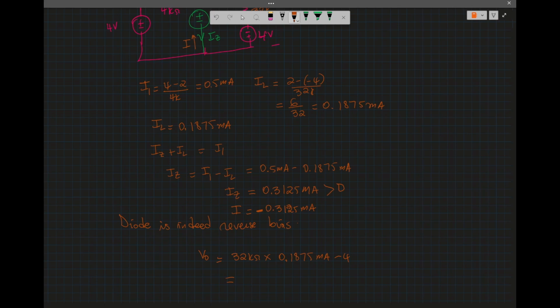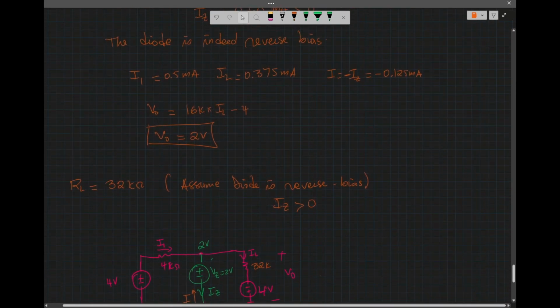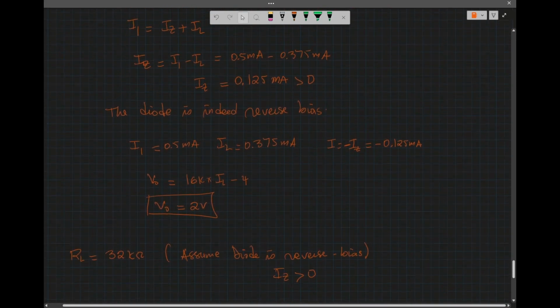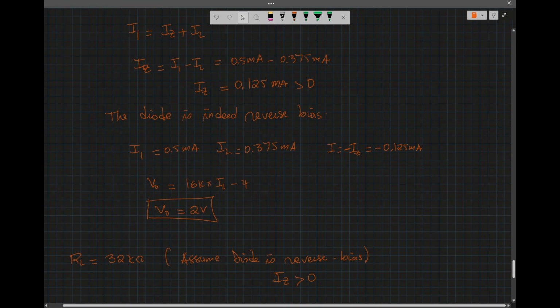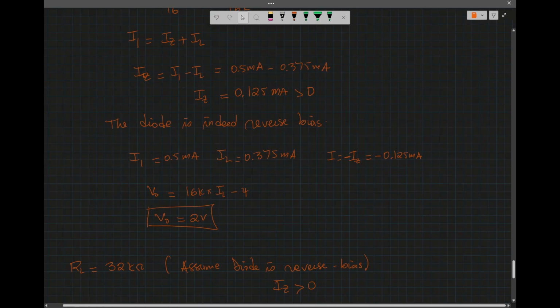Why are we getting the same thing? So I load equal to 0.1875 times 32. So this is 2 volt. So how come I get 2 volt here, when I load was equal to 0.375 before?